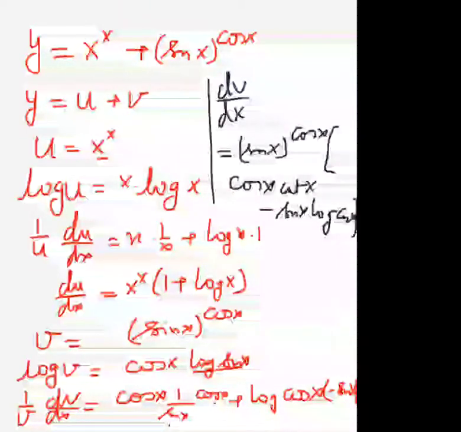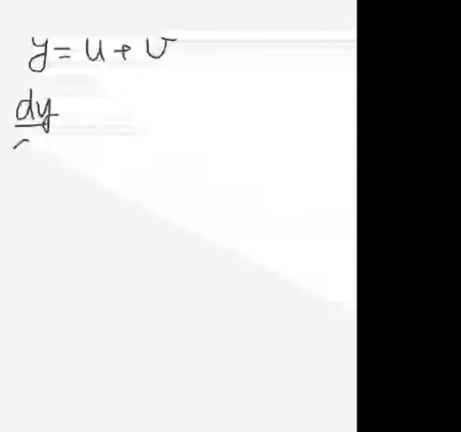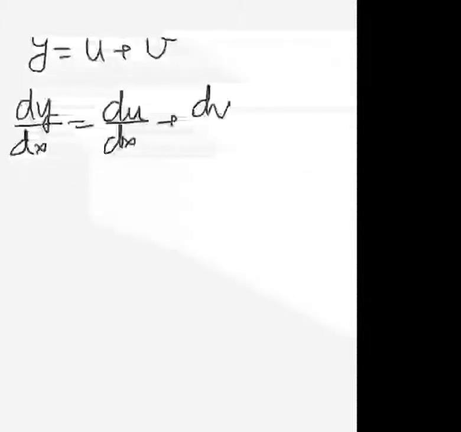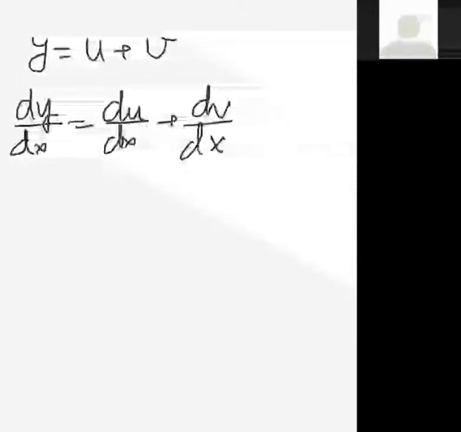Now the final answer will be, we have written y is equal to u plus v. dy upon dx will be equal to du upon dx plus dv upon dx.